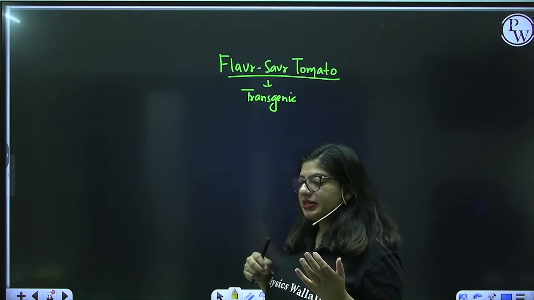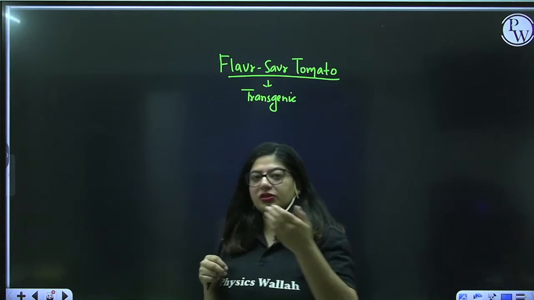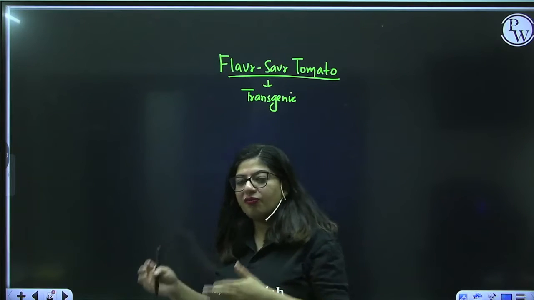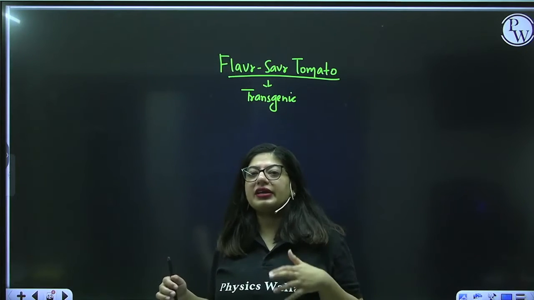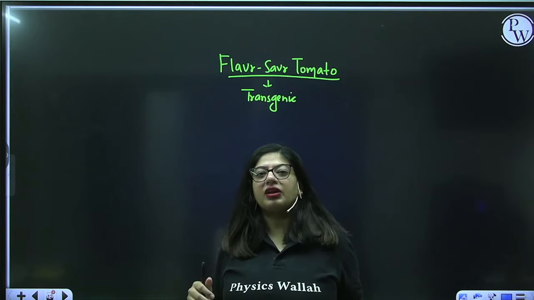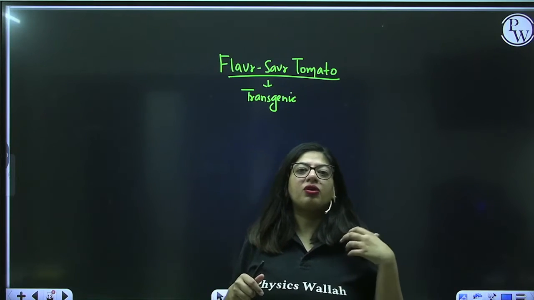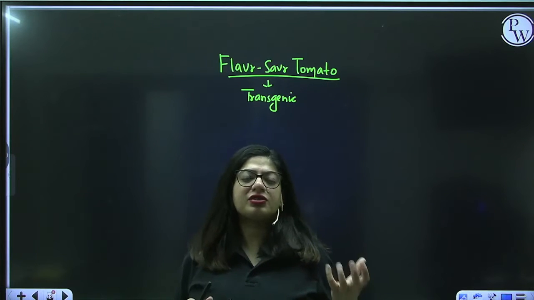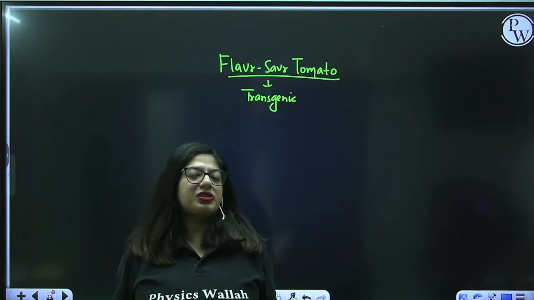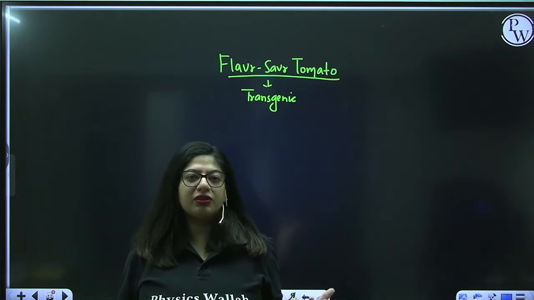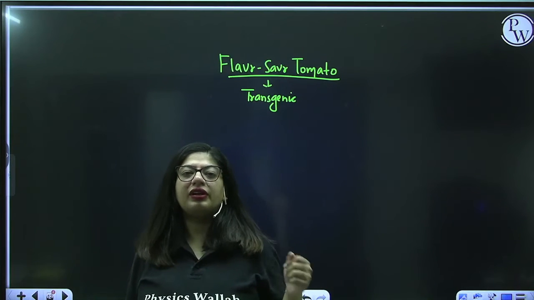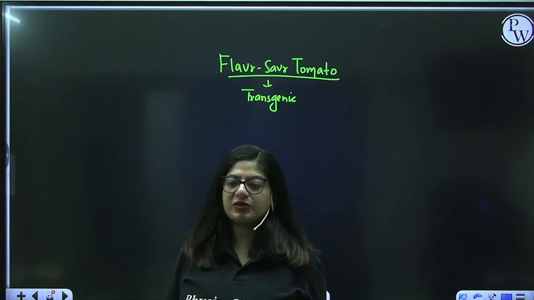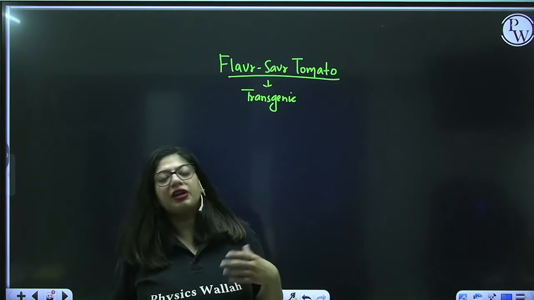But the problem is that when the tomatoes are transported from farm to the market, it takes some time, and in that time interval, these tomatoes overripen, and they are not of good quality, and nobody purchases them, and the entire yield that has been produced got wasted.